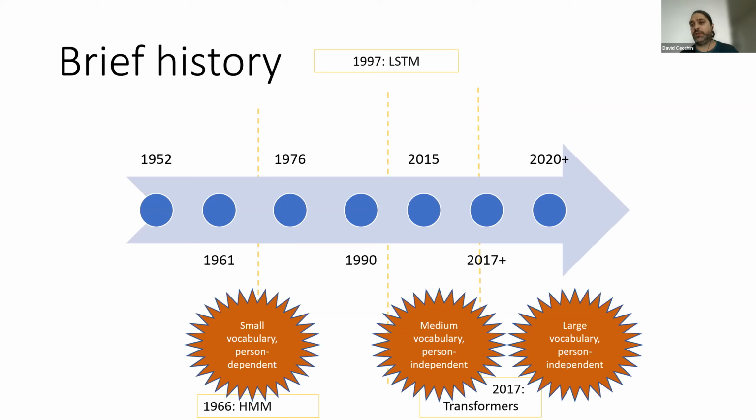Later on, with HMMs and deep neural networks, it's not person dependent anymore. You can identify words even if they are said by different people. And now we have much more training data available, especially for English and other widely researched languages like European languages.